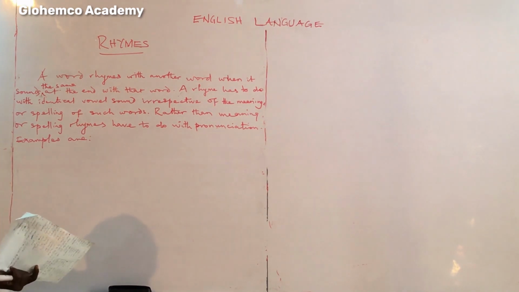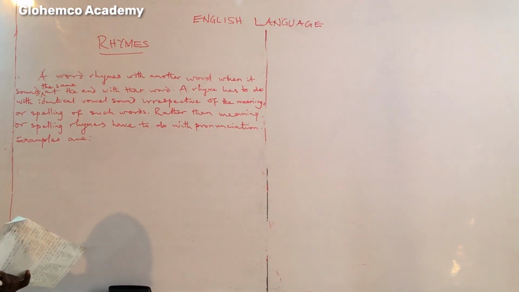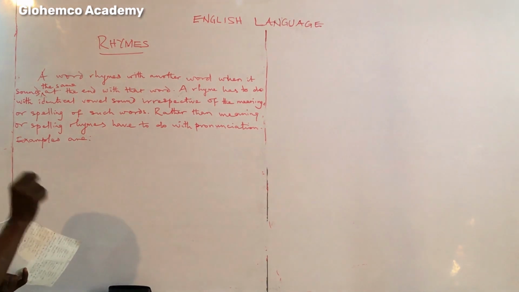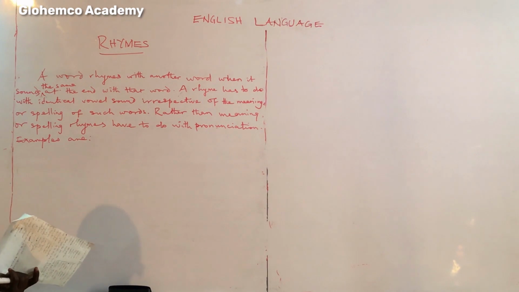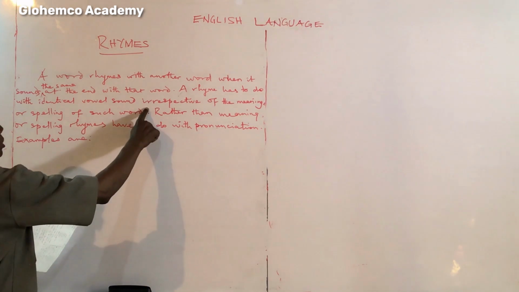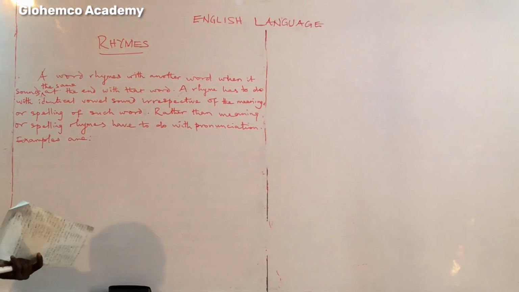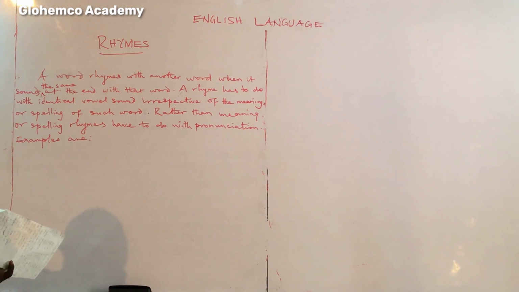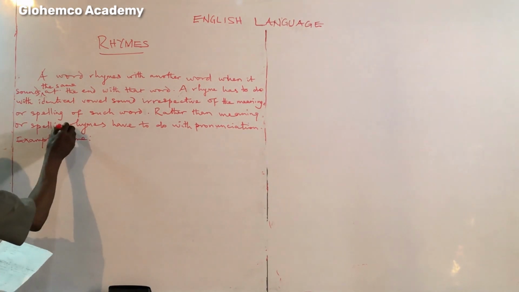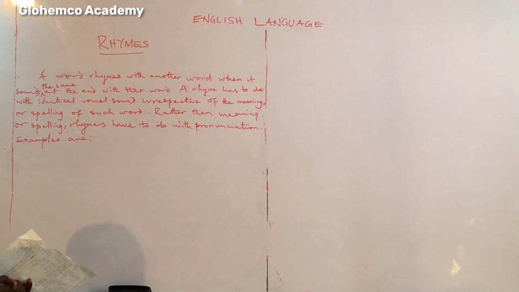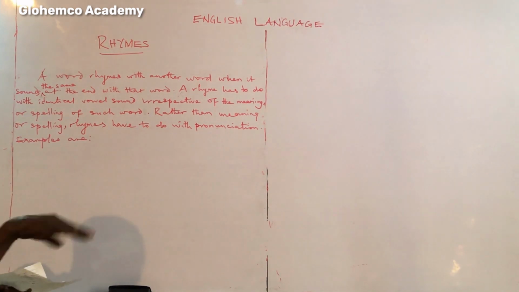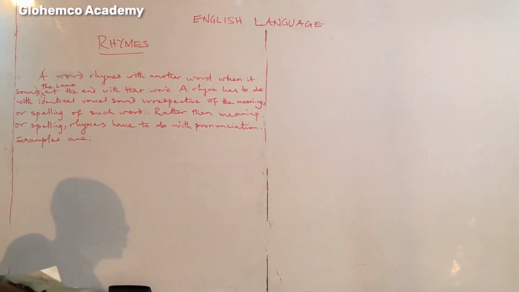A rhyme has to do with identical vowel sound, irrespective of the meaning or spelling of such words. Okay, let's be more grammatical here. Rather than meaning or spelling, rhymes have to do with pronunciation. That's what it has to do with. It doesn't care about the spelling. It doesn't care about the meaning, but sound. Once the sounds are alike, you are right.